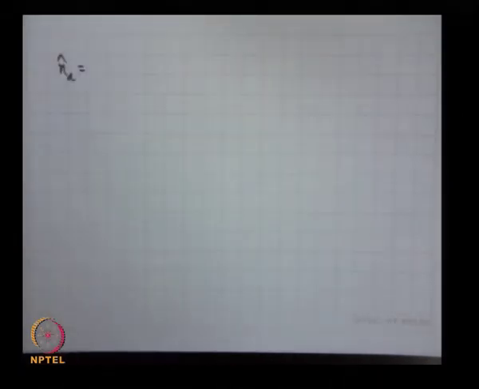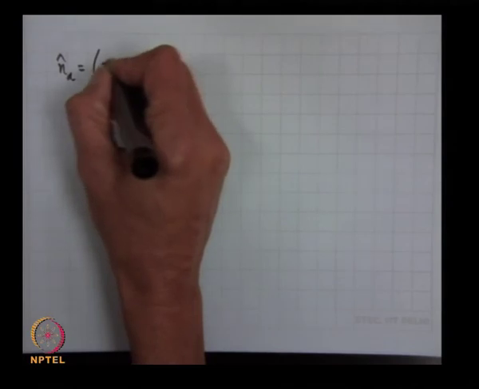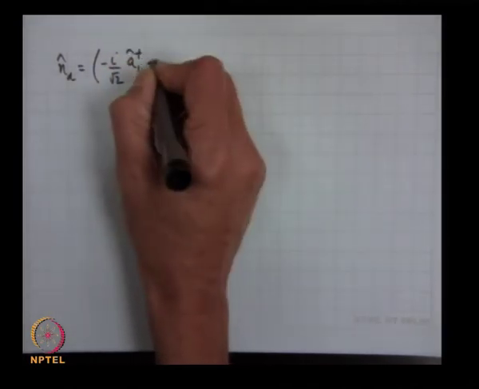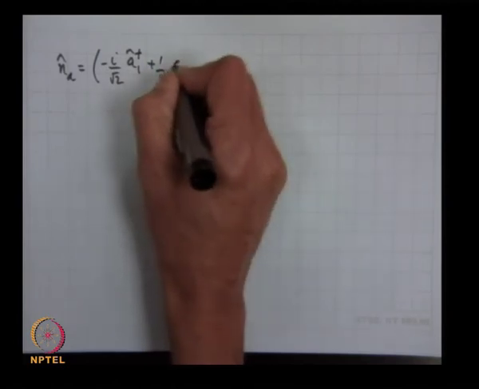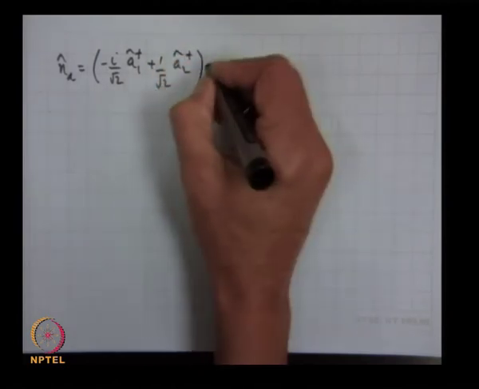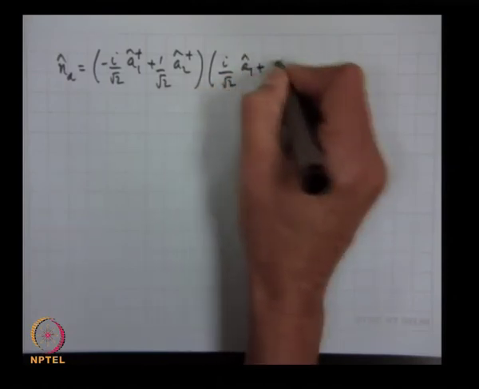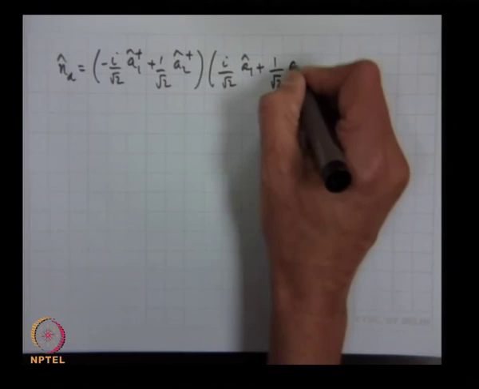So for this I need to substitute A3 dagger and A4 dagger. So ND, A3 dagger A3 is minus i by root 2 A1 dagger plus 1 by root 2 A2 dagger into i by root 2 A1 plus 1 by root 2 A2.